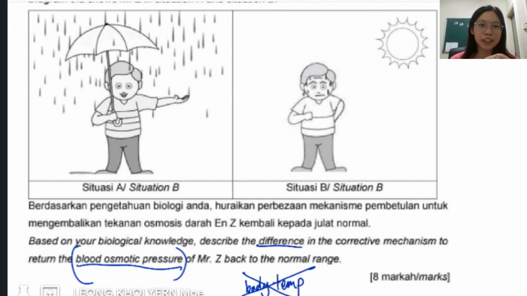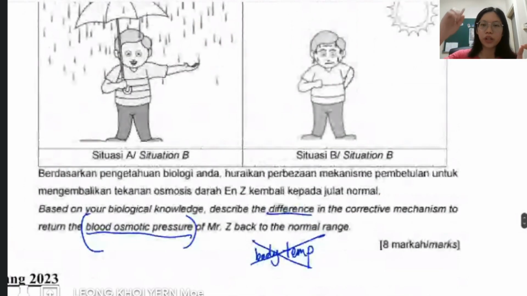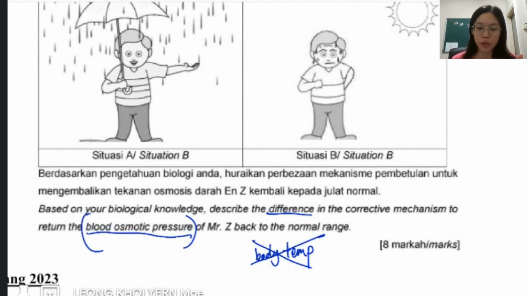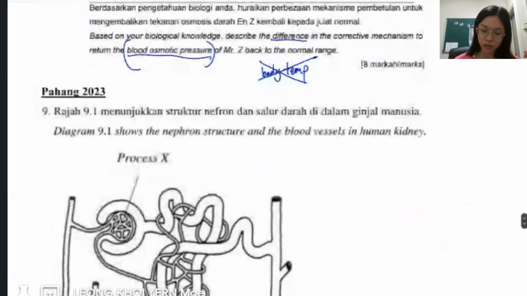Like you talk about situation A, but you forgot about situation B. So I suggest you write in table form. You draw a table with two things to compare: one is situation A, one is situation B. Write situation A in the first column, and situation B in the second column.